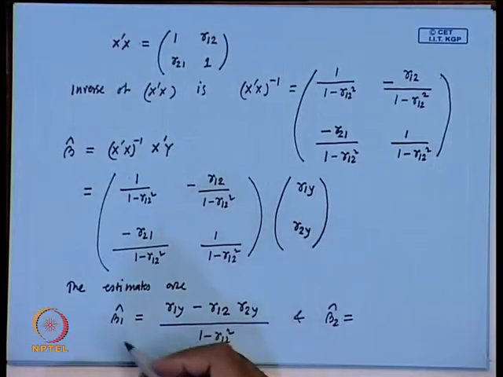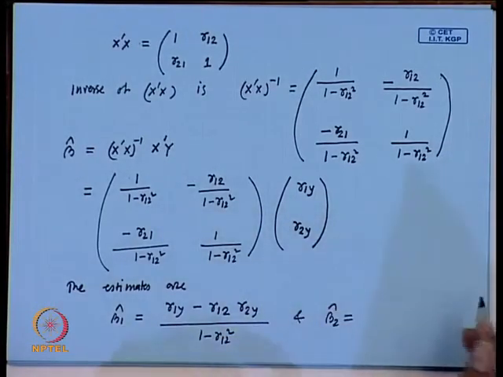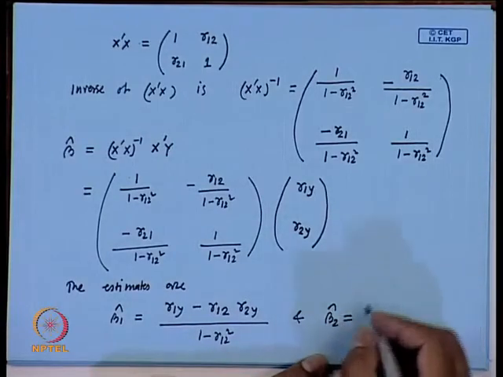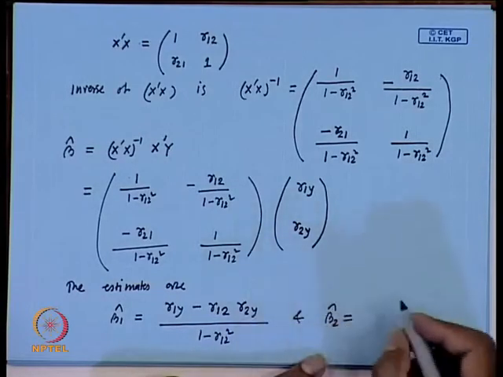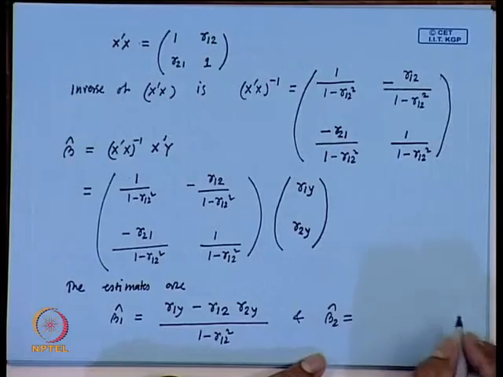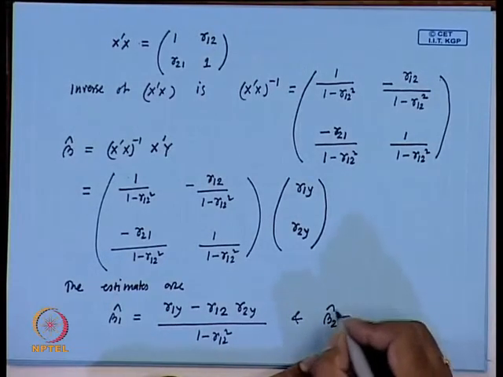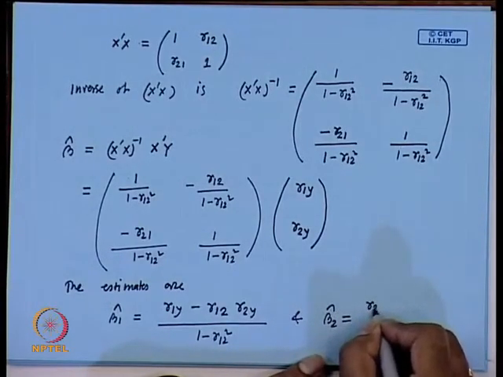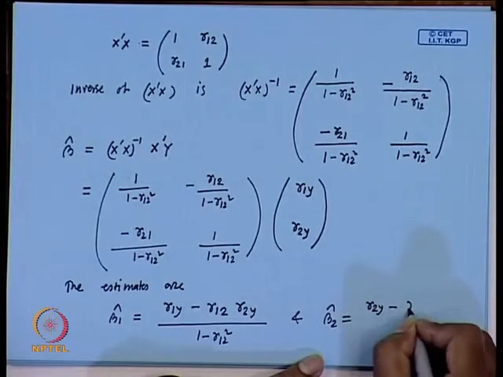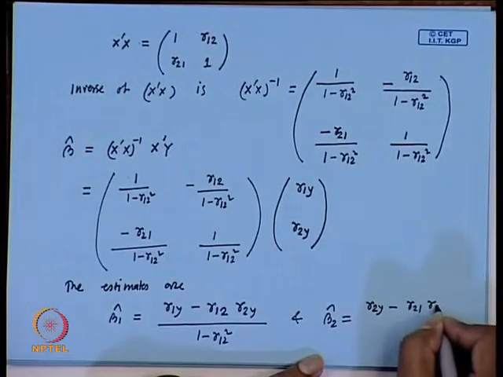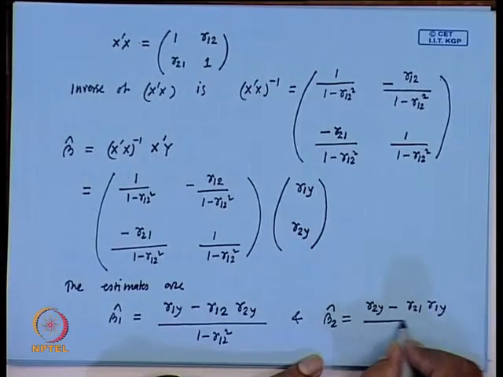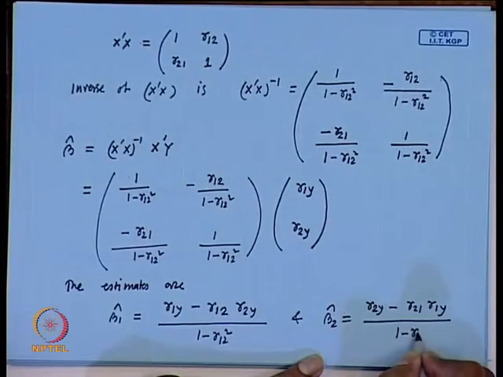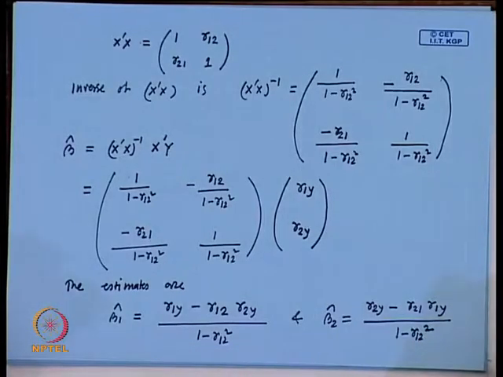So, this is basically the least square estimate for the transformed data in terms of the sample correlation coefficients, right.